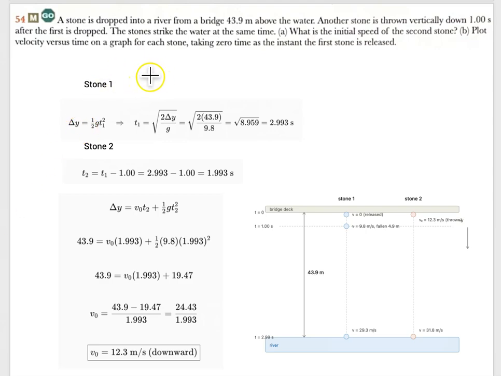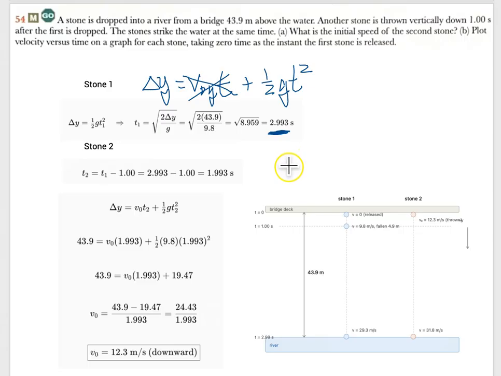So we're really just using delta y equals the original speed in the y times time, but this whole thing is 0 because there is no original speed for that first stone. And then we're going to add 1/2 of gravity, 9.8, times time squared. And you can use 9.8 or 10. When we rearrange that equation, you'll see it's just the square root of 2 times 43.9 over 9.8, and you end up with almost 3 seconds for it to fall.